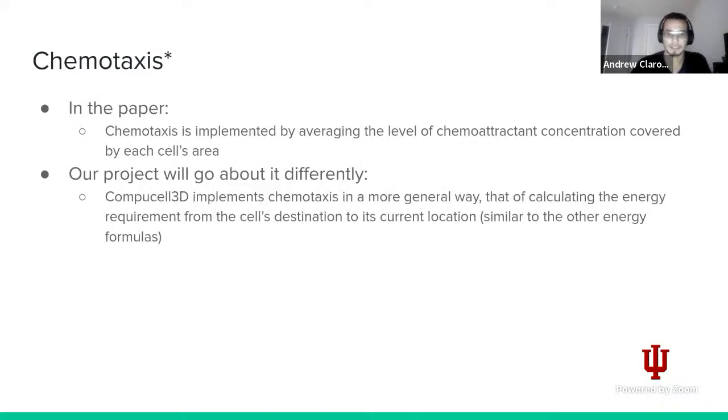Our paper is going to implement chemotaxis differently. They take the average level of chemotaxis underneath the cell, whereas we're going to use the plugin for chemotaxis in CompuCell, which is calculated by minimizing energy.